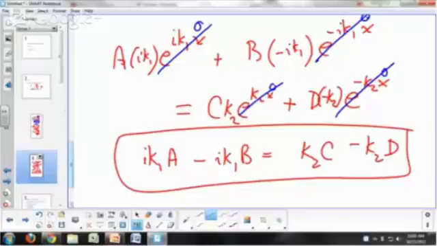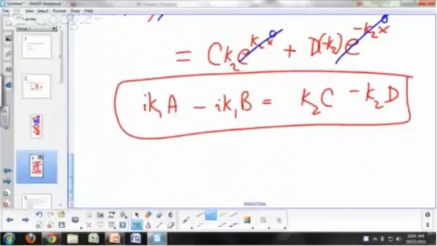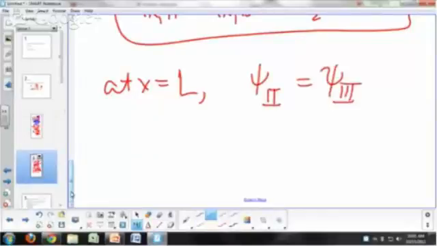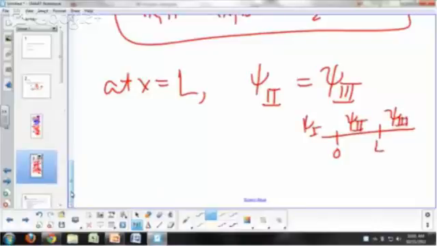Okay, so you can do the same for the right side. For the right side, you're going to have to plug in x equals L. So if you want continuity at x equals L, what do we say? At x equals L, psi 2 must be equal to psi 3. Because remember, you have psi 1 here, psi 2 over here, and psi 3 over here. So at x equals L, your psi 2 and psi 3 must meet.